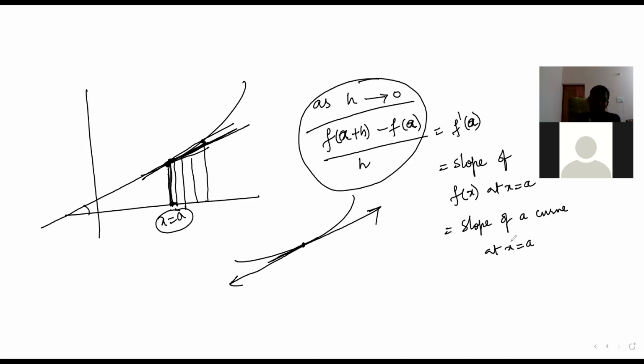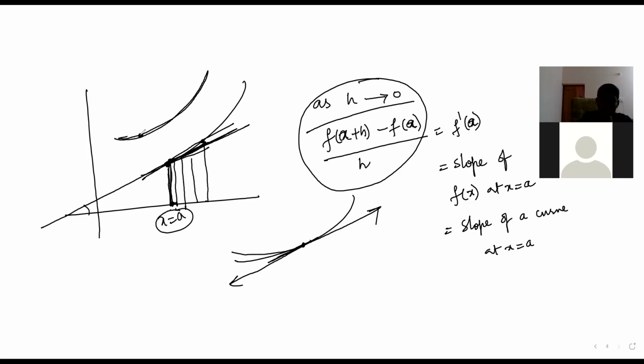Okay. So now see, what is the purpose? Let's say the curve is like this. Now I'm drawing another curve. The curve is like this.